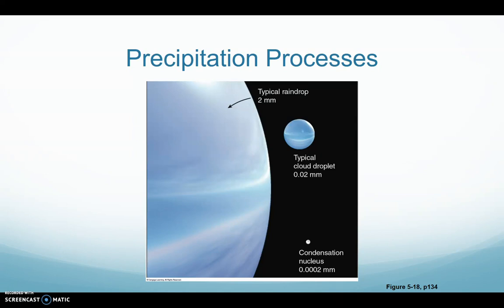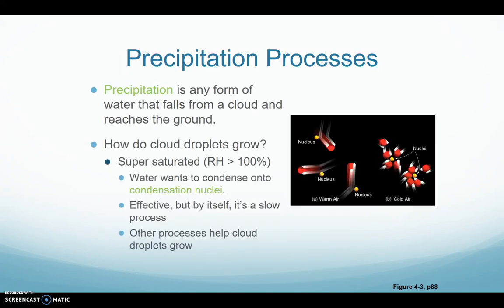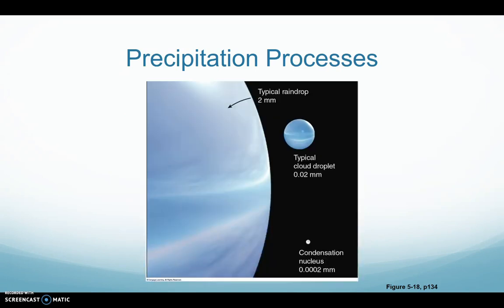And honestly, if we were to depend entirely on the supersaturation and condensation method, we would likely not get very many cloud droplets much larger than 0.02 millimeters. But due to another process which we call collision and coalescence, we can get a typical raindrop with a diameter of 2 millimeters or greater.